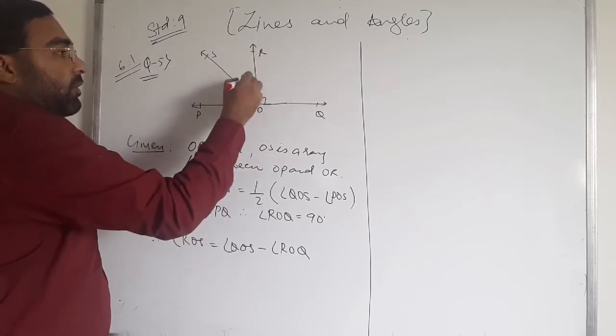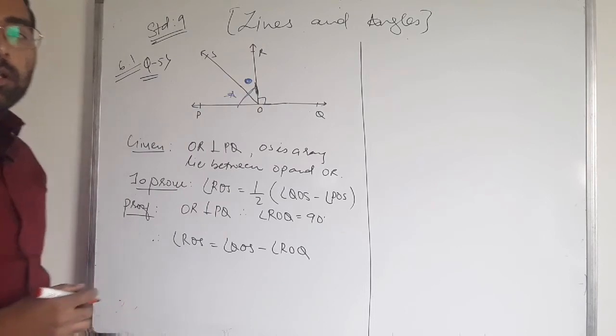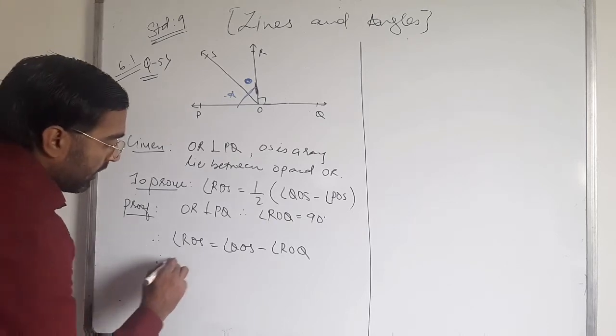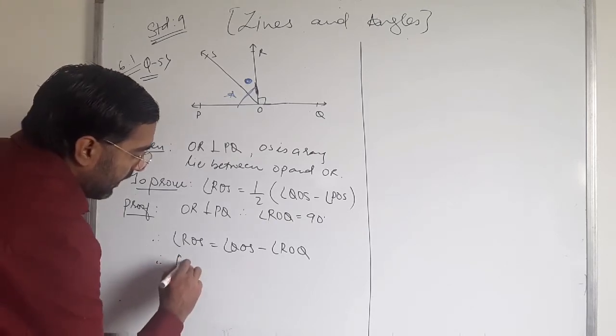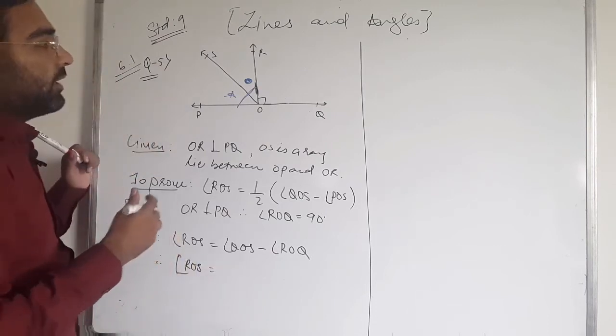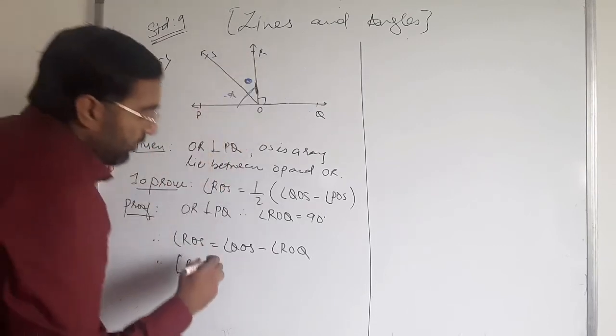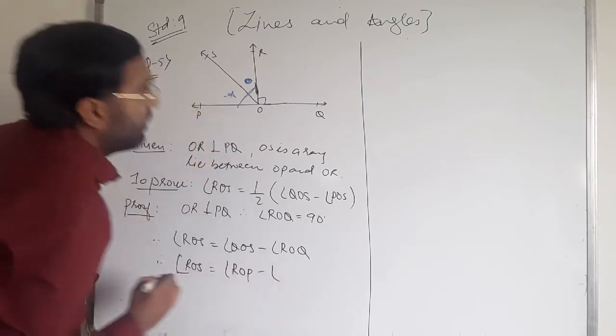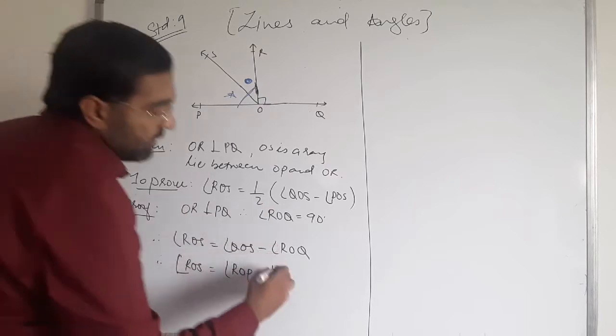Which part do we get? ROS. Okay, so now we also write that angle ROS we get by subtracting, ROP minus POS.